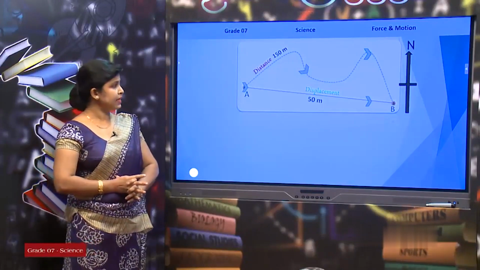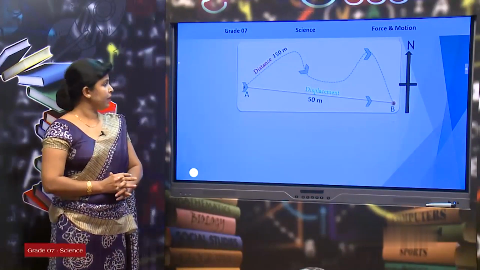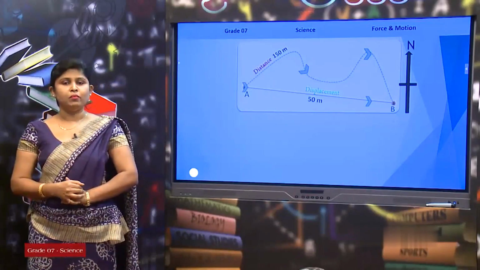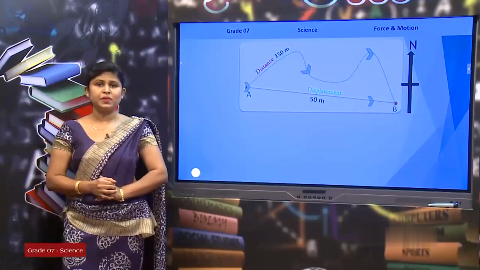Right. Let's get another example. My dear children, I want to explain more and more about distance and displacement because these theories are really new to you. Now, this is the first time you learn all these things. Then I think it is better to explain more and more about distance and displacement using a number of examples, right?